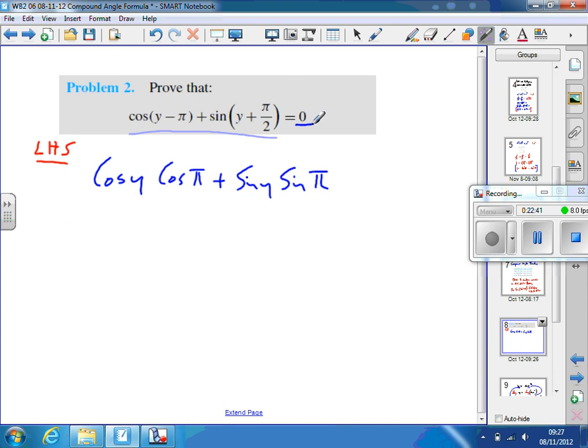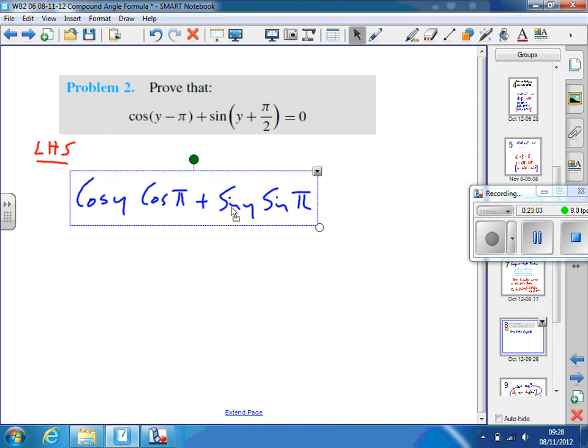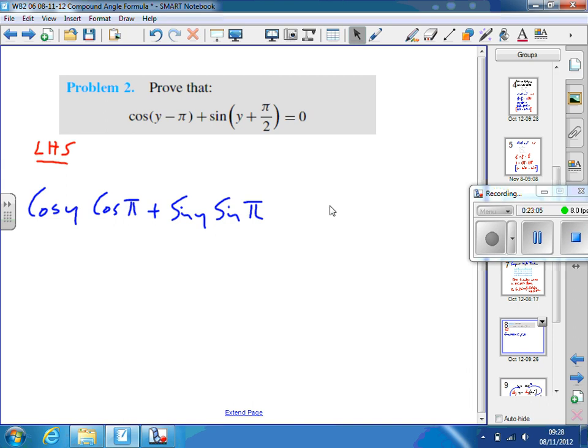So that's the difference between solving an equation and a proof. You just manipulate one side of it until you can show that it equals the other side of it, and then you've proved it. So left-hand side, cos y cos pi plus sin y sin pi. Just move this a little bit, because it's quite a long identity, isn't it? What do I do about the other one?